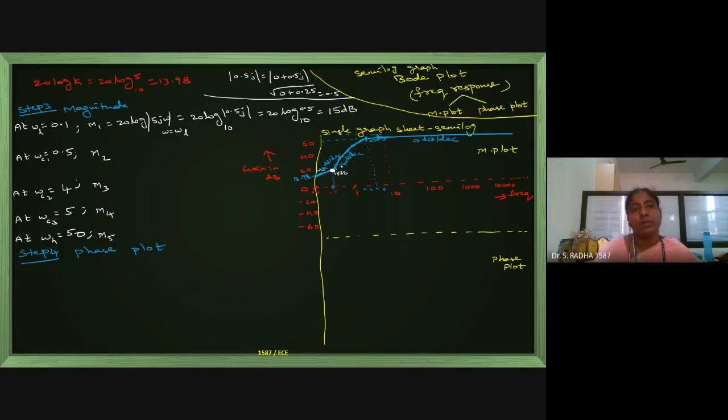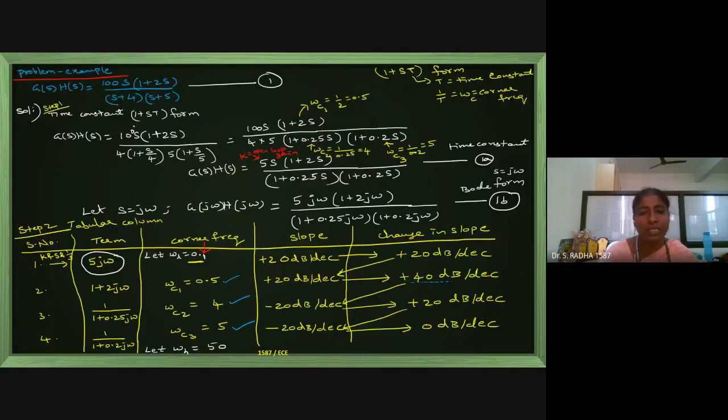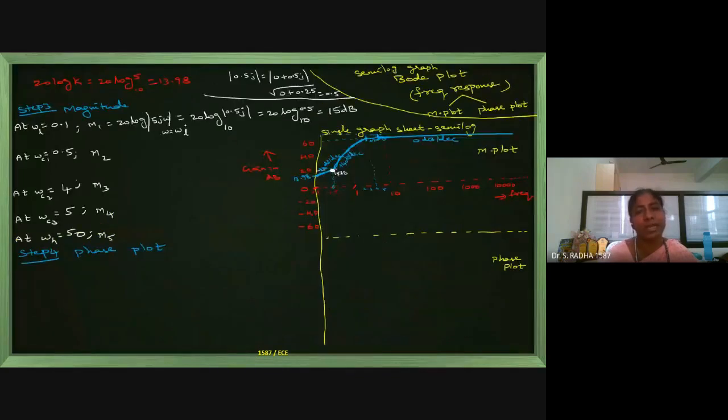Understood? I have taken 5 corner frequencies. For the first corner frequency, I am calculating the magnitude. That magnitude should go in the tabular column. For the first term, I have to directly take and put the omega L value. If I calculate the magnitude, it is coming 0.5.